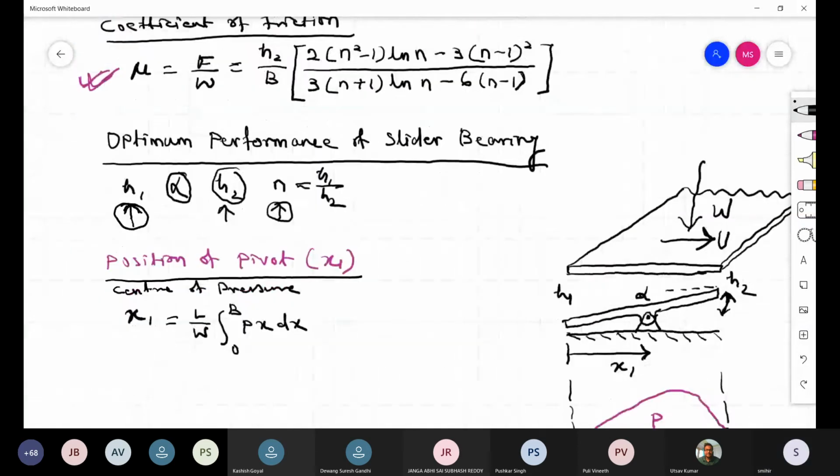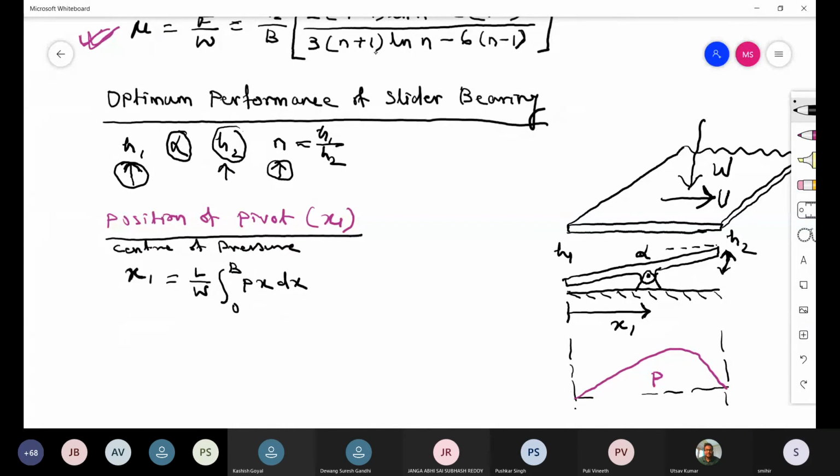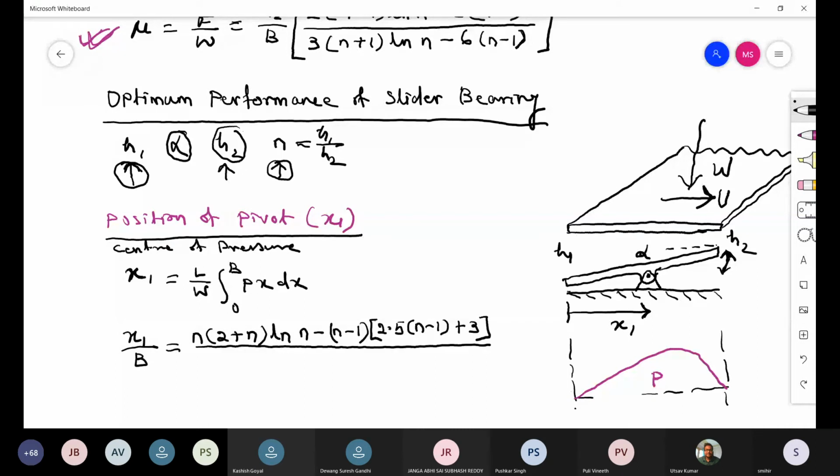So if you do that, then you'll get X1 by B. Okay, so this is the center of pressure, which depends, now you can see, only on the quantity N. So it will be decided by the quantity N, and you will find the center of pressure.